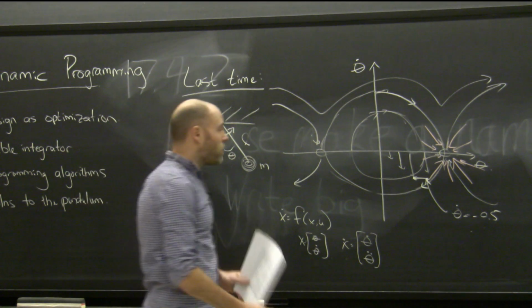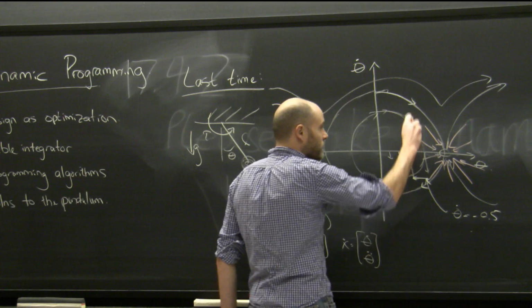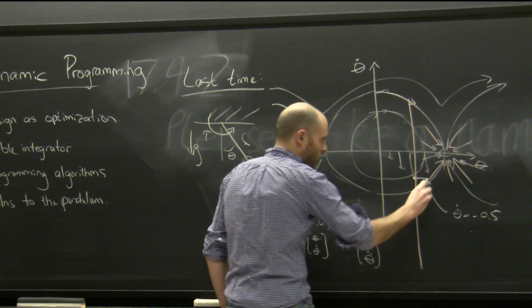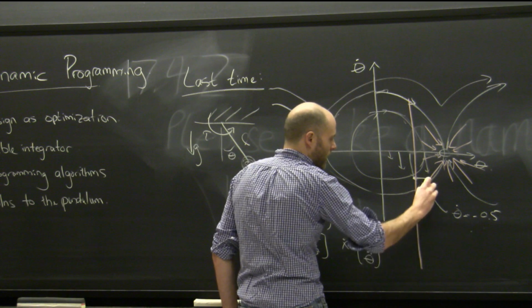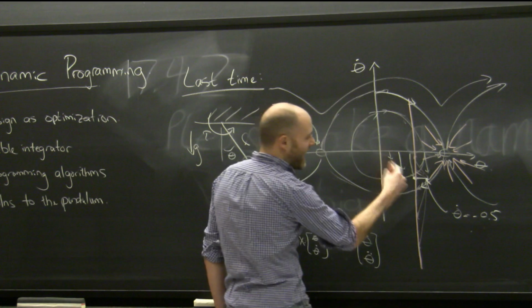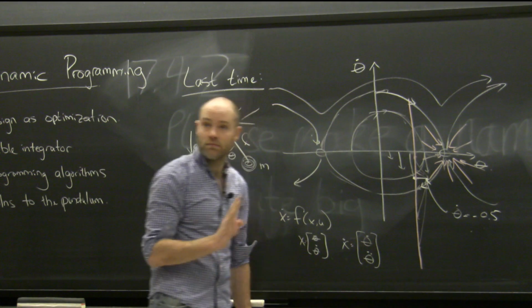All you get to do with control is change this one, so with arbitrary control, you could bring it to any point on that line, with ridiculous torques, but you can't actually flip it around and go that way.